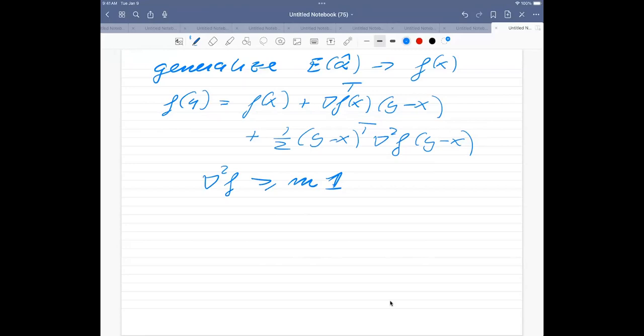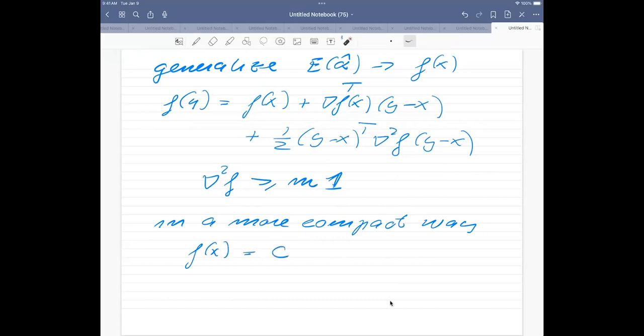If we want to make this even more compact, we could just think of this as a function f of x given by some constant, because this quantity is something you have calculated.